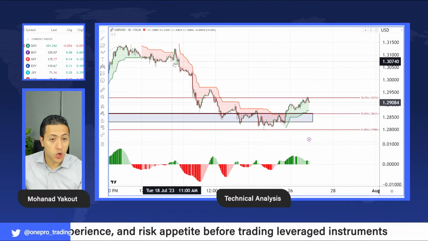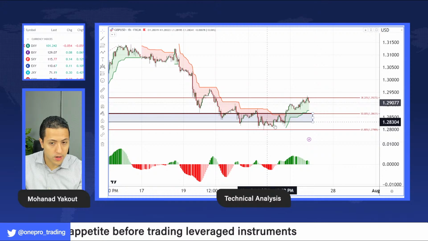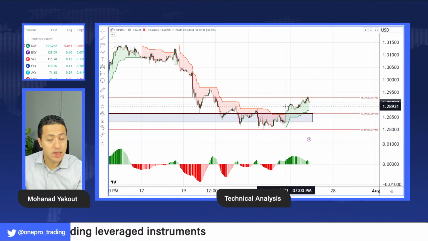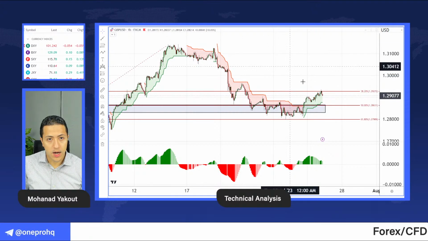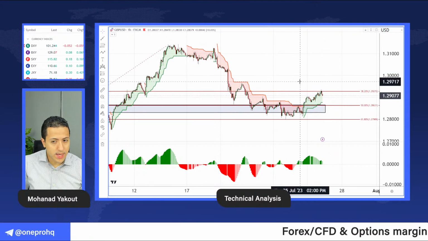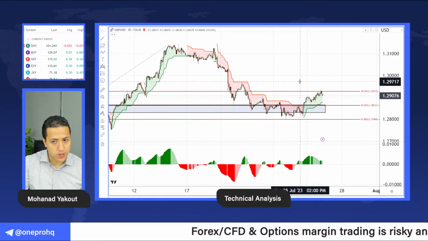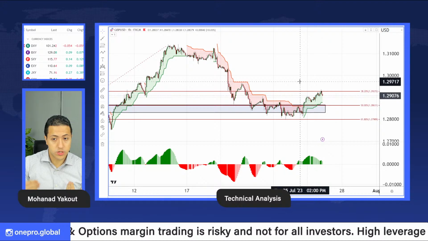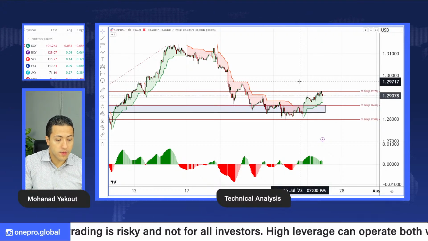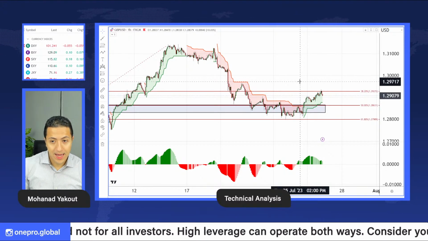Because if the euro is moving lower and still consolidating, you can see that the pound already started to move higher. So what's happening on the pound supports, in my opinion, that the euro should follow, should start moving higher, and both of them should affect the US dollar and cause more downward pressure.